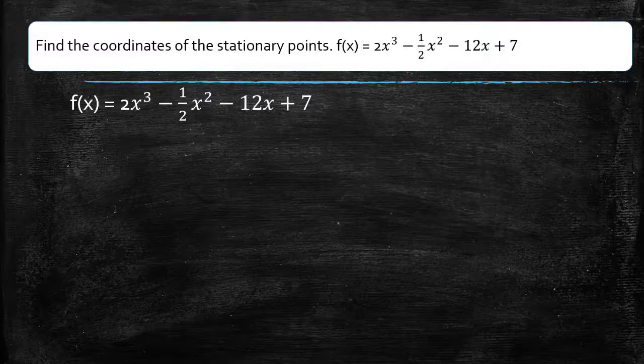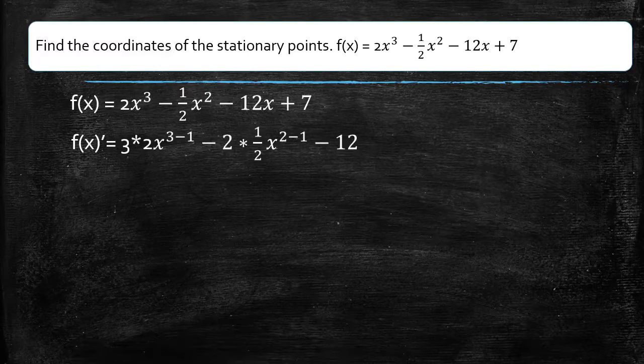So now that we have the appropriate information, we're going to go ahead and solve our first example. Our first example says find the coordinates of the stationary points, and we are given the equation of the curve f of x. f of x is equal to 2x cubed minus 1/2 x squared minus 12x plus 7. So our first step would be to find the derivative of f of x.